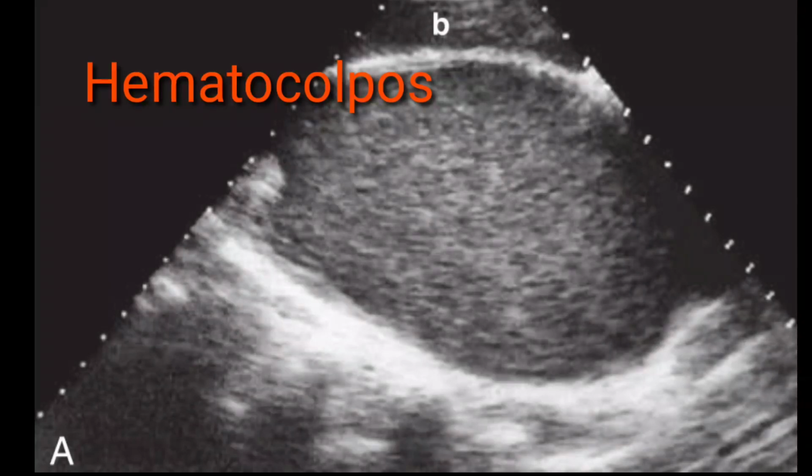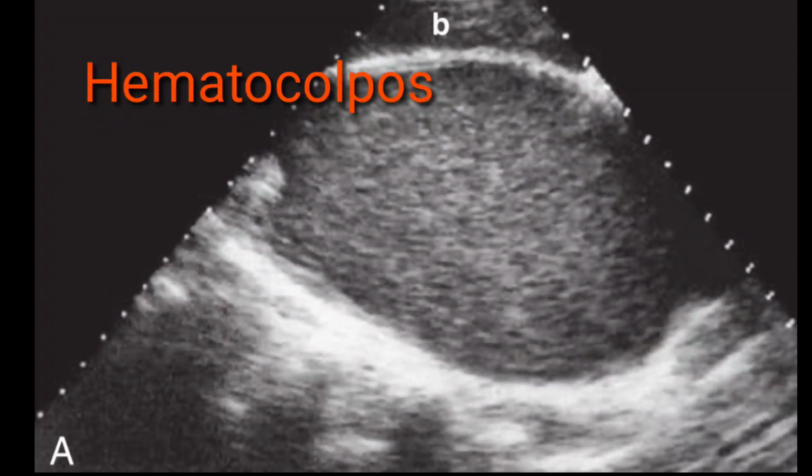On this transvaginal scan, a large complex cystic lesion can be seen. This is actually haematocolpos. The patient is a young patient with an imperforate hymen, showing that the vagina is distended with blood and a collection of blood within it.